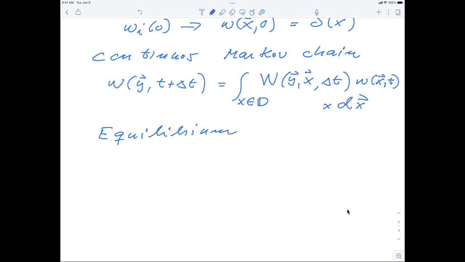So when equilibrium has been reached, there is no time dependence anymore. Then our probability would simply be given by this Wi. And now we would have an integral with x over the domain of events. Our transition probability is now also assumed to be independent of time.